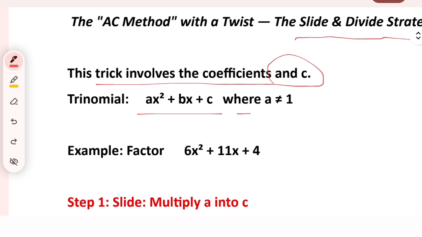This trick applies when a is not 1. For most trinomials with a coefficient of x squared equal to 1, it's quite easy to factor. But if a is not equal to 1, then it becomes a little harder.